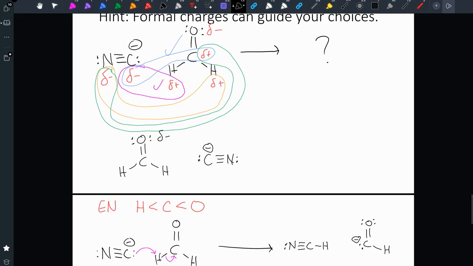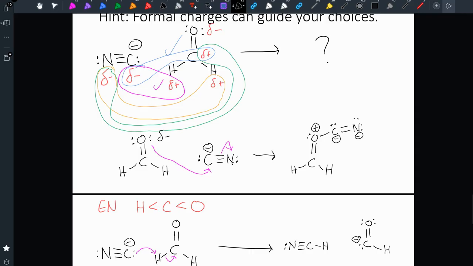If you did something like this, what you'll find is your formal charges in your product would be ugly. You would end up with a positive here, a negative on carbon, and a negative on nitrogen.